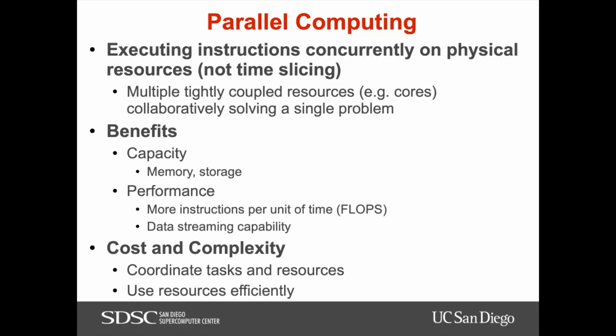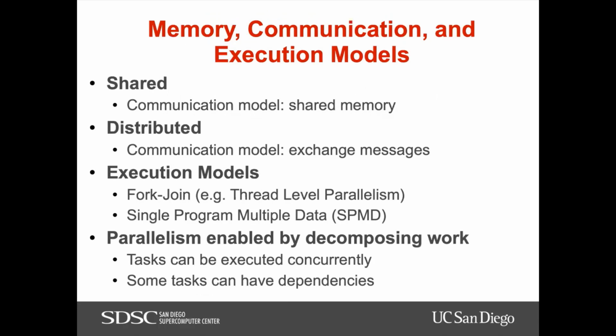Now, there is obviously some cost to doing this. There's a lot of coordination of tasks and resources, and also you need to worry about the efficiency of how you're breaking it up, right? Like, say you take a very small problem and try to solve it with 1,000 cores, you might find that you're spending more time coordinating between the tasks rather than on the tasks themselves. And that's where you have to think about how you want to scale your problem. Sometimes the algorithm might not scale at all, and then you have to find a different way of doing it.